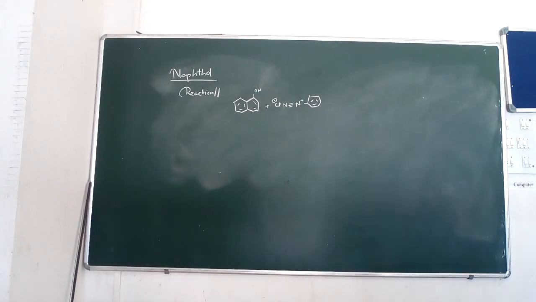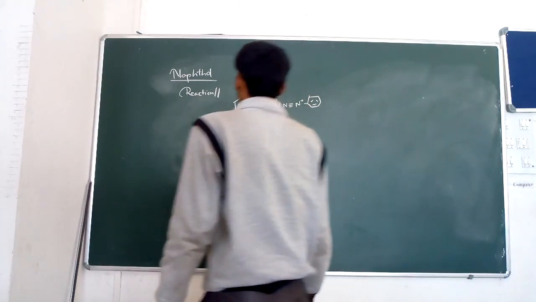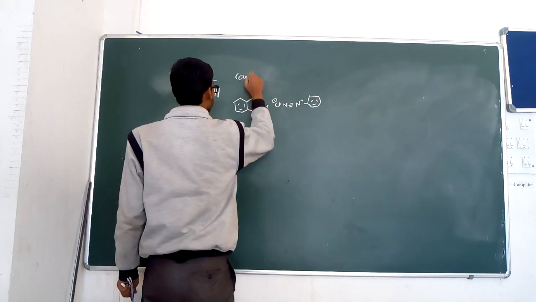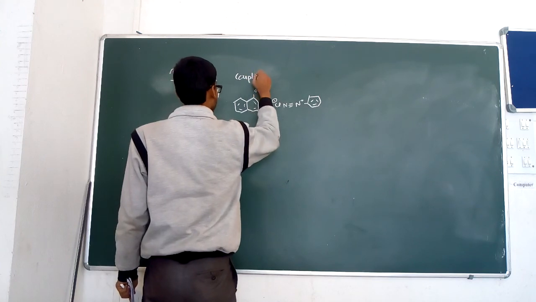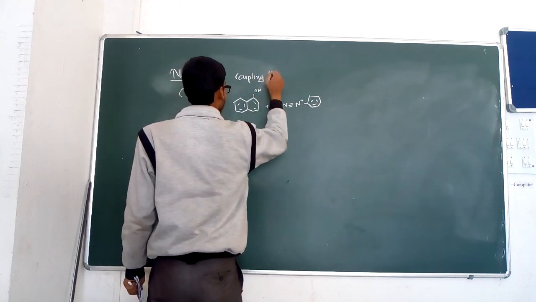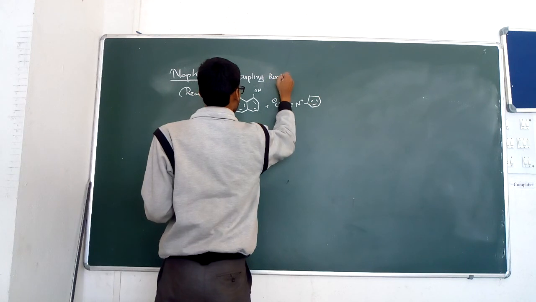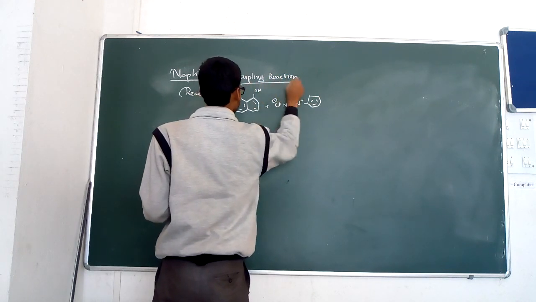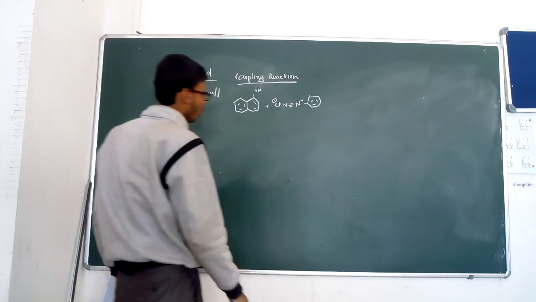In the chemical reactions of the naphthol, we are going to discuss the specific reactions of the naphthol. The first one is the coupling reaction, and the coupling reaction is always carried out through the formation of an azo dye.